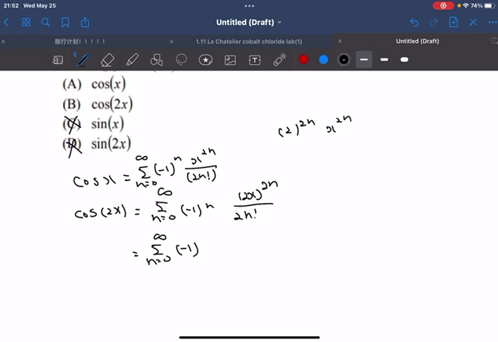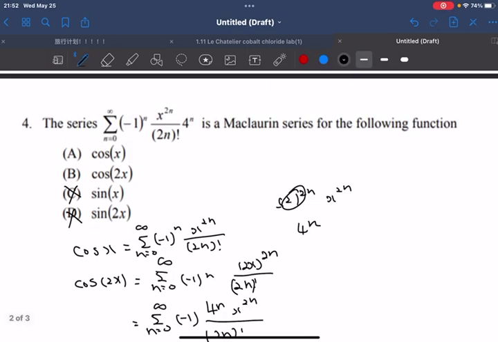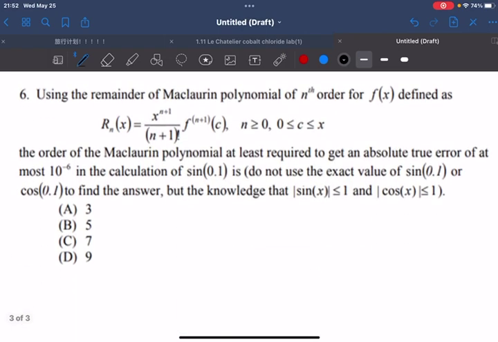So 2^(2n) is 4^n, so it should be 4^n x^(2n) over (2n) factorial. This is wrong here. So it was very obvious, and also you can see that there shouldn't be any constant here if it was only x, so it must be 2x here, which is B.